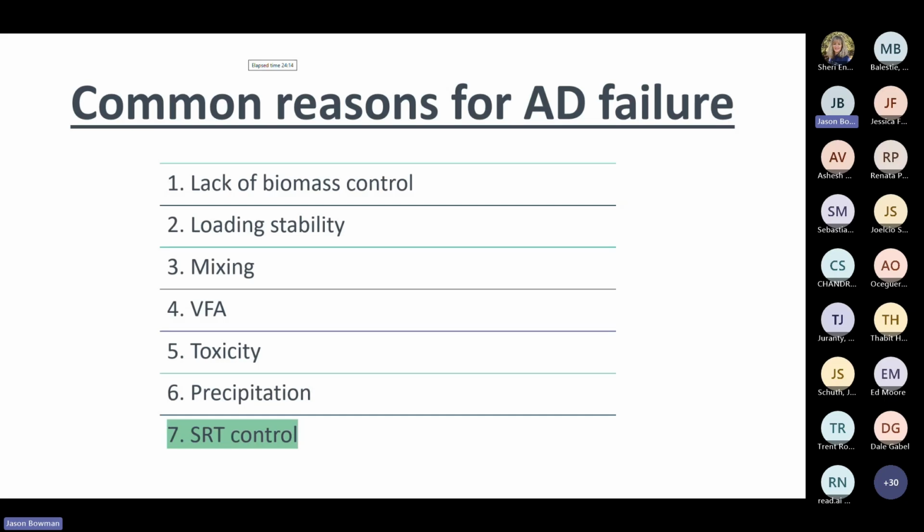So number 7, SRT control. This is the last thing I'd like to highlight. Almost all biological wastewater processes have some form of SRT control. The traditional digesters are the exception. Most biological processes will separate bacterial solids from excess solids in the liquid fraction, and a portion of this is typically returned to help stabilize biomass concentrations in these operations.